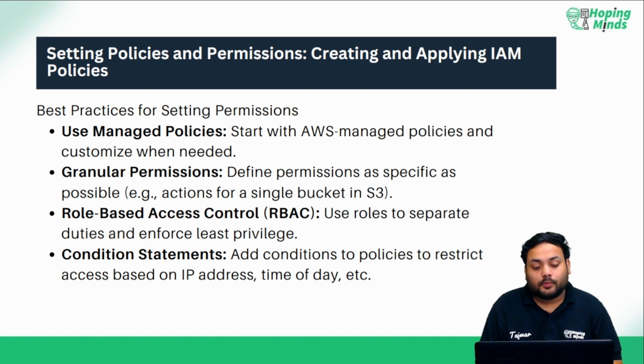Now we have best practices for setting permissions. First, use managed policies: start with AWS managed policies and customize when needed. We also want granular permissions, which means we define which particular service we are going to use, and for which service this policy is going to take effect.